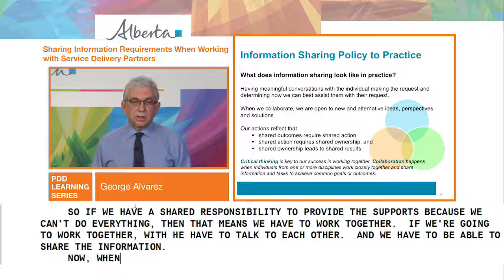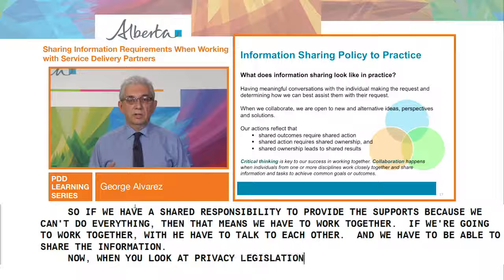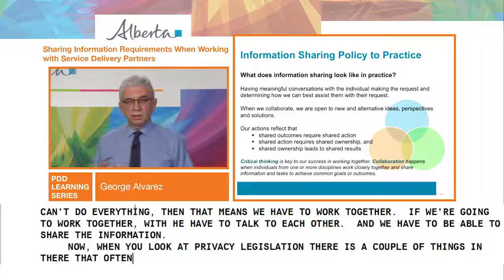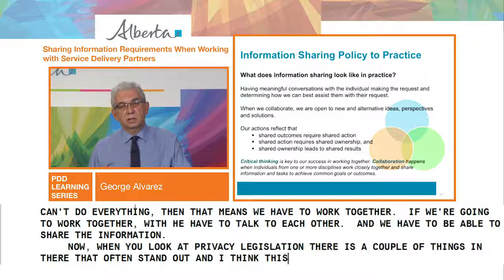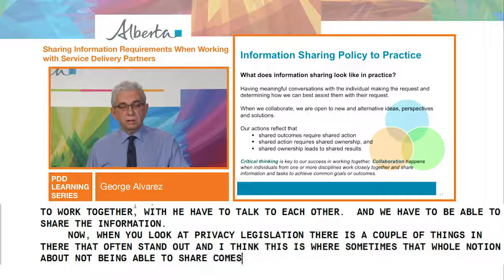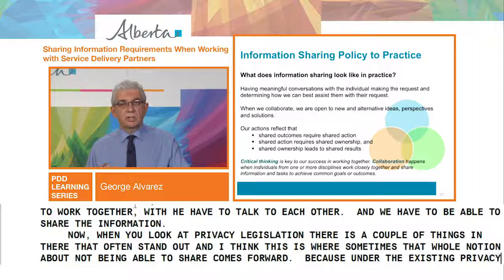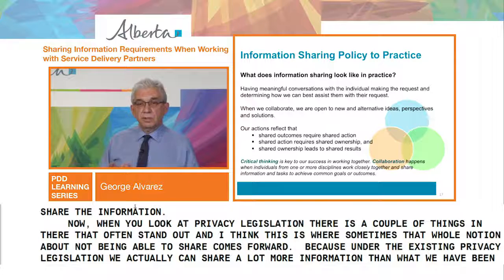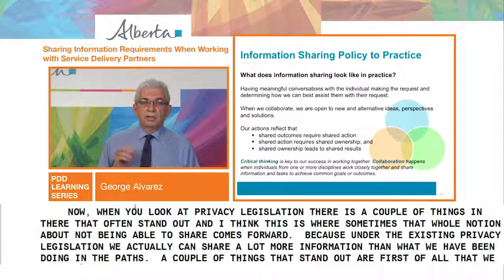Now, when you look at the privacy legislation, there are a couple of things in there that often stand out, and I think this is where sometimes that whole notion about not being able to share comes forward. Because under the existing privacy legislation, we actually can share a lot more information than what we have been doing in the past. So a couple of things that stand out are, first of all, that we have to provide the least amount of information possible.